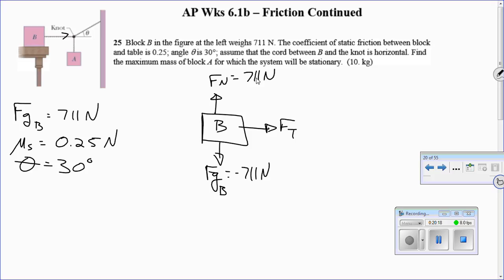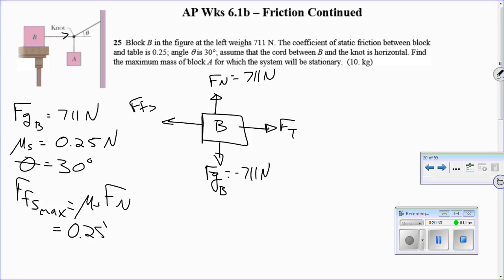What's going to prevent it from sliding if it doesn't move? Static friction. So we should find the maximum value, which is our coefficient times our normal force. So 0.25 times 711 gives us 177.75.